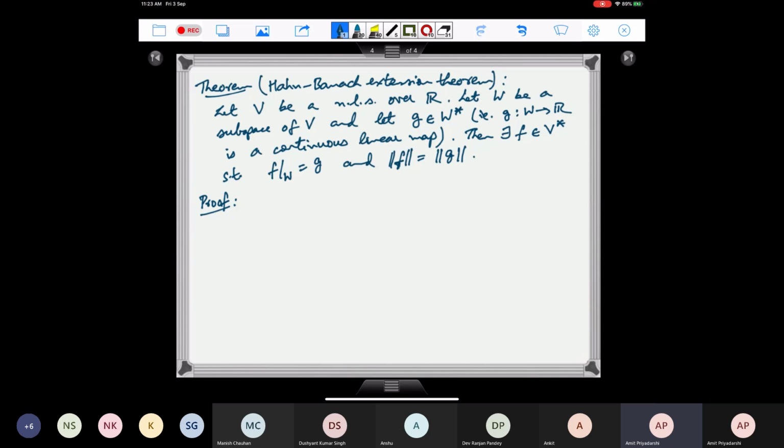What we have is, because g is a continuous linear map, since g is a bounded linear functional, what do we know? g of x is less than or equal to norm g times norm x. This is true for all x belonging to W.